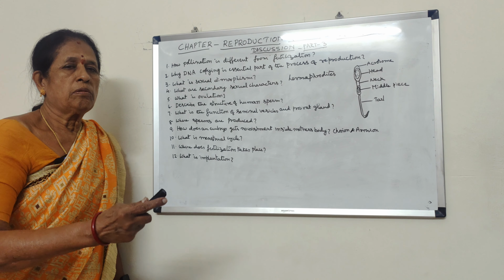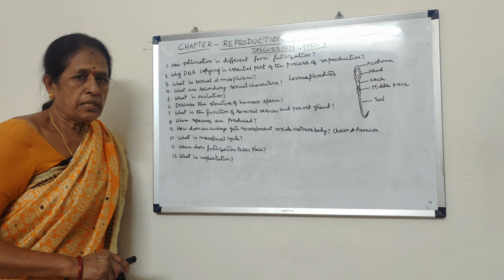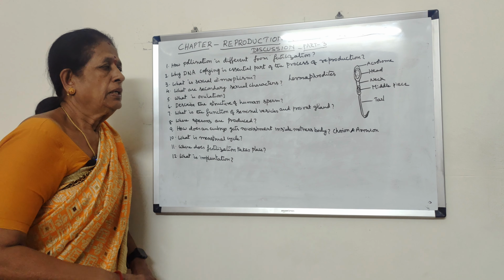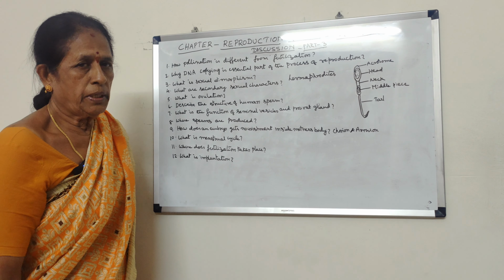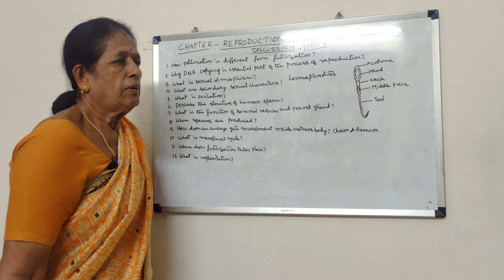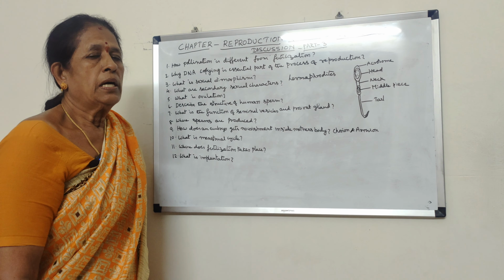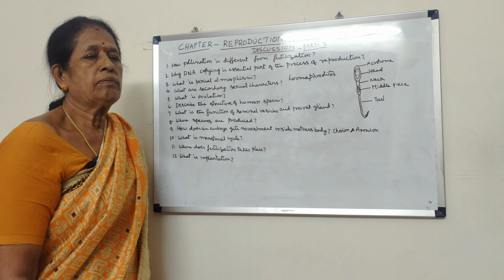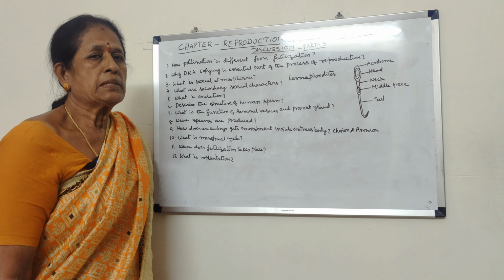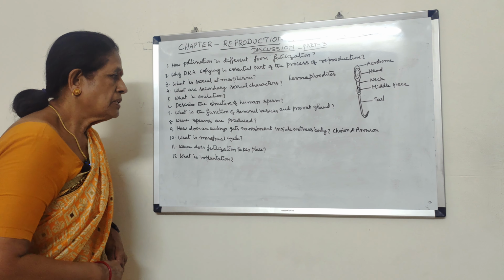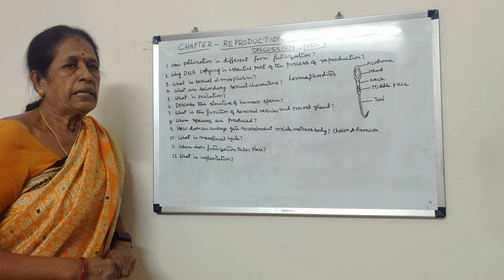So this embryo slowly moves towards the uterus of the mother, and this embryo is surrounded by two membranes, chorion and amnion, and chorion develops finger-like projections and establishes connection with the inner wall of the uterus of the mother, which is called the placenta, and that process is called implantation.